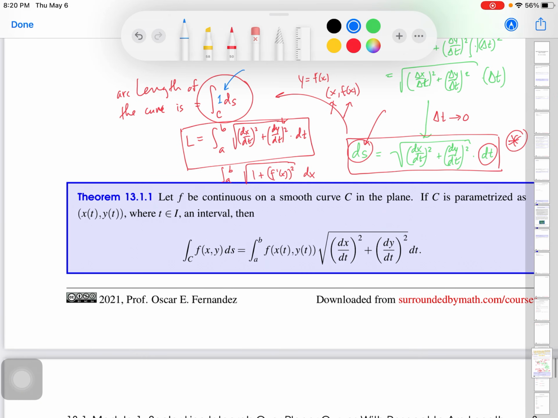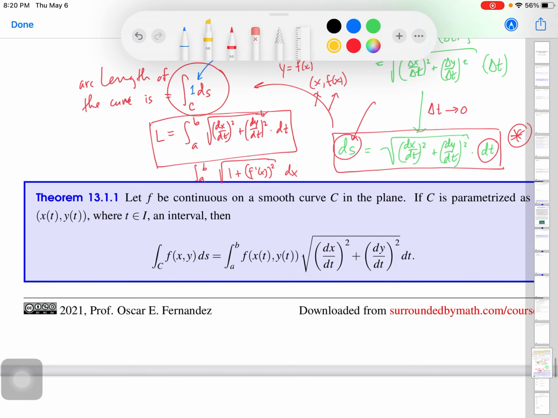All that being said, we finally arrive at our theorem. Suppose f is continuous on a smooth curve C. By smooth in this lesson, we mean a curve like the ones I've drawn, not something with jagged edges, or something with some very crazy oscillations. These are not smooth curves.